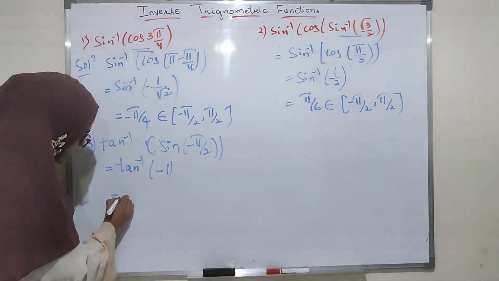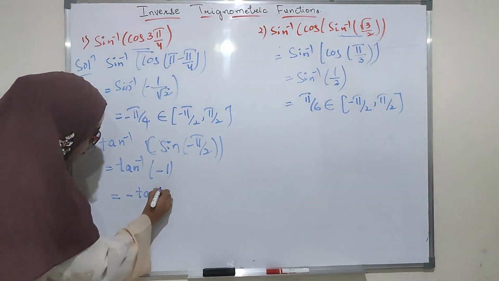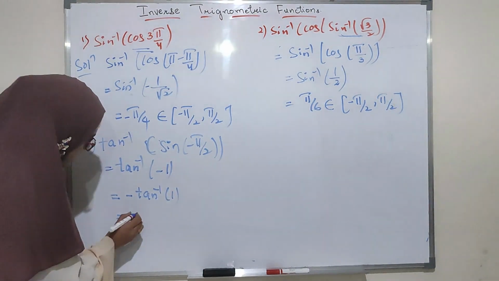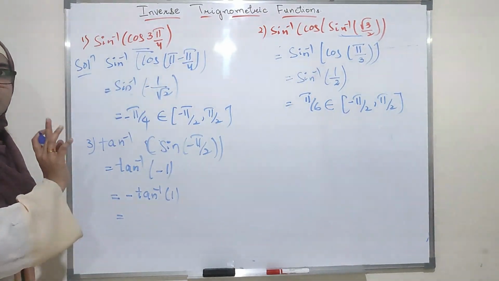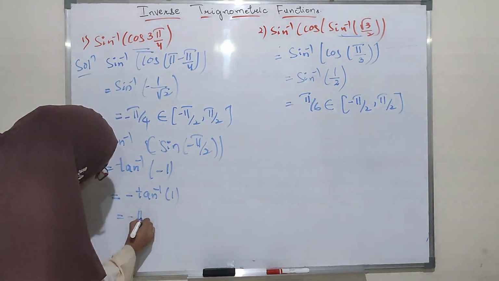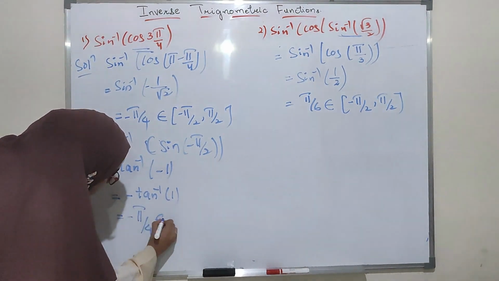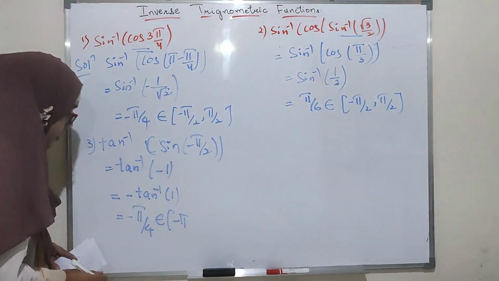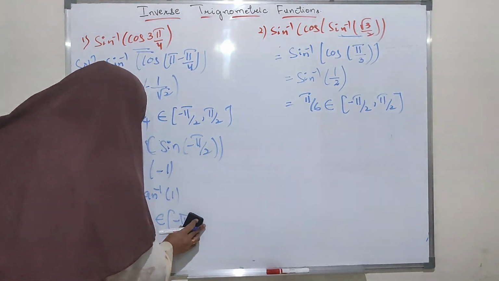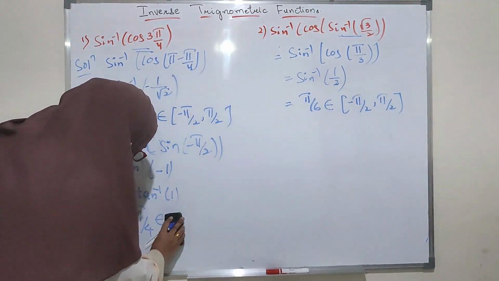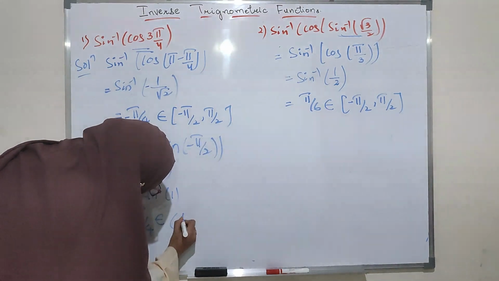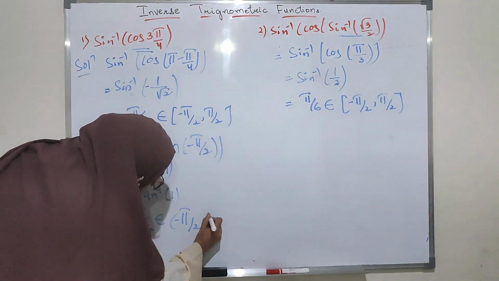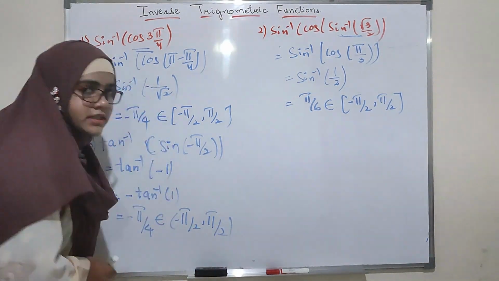Tan of minus theta is minus tan theta. So minus tan inverse of 1. Our tan inverse 1 value, we know that it is pi by 4, so minus pi by 4. Again it lies in the interval. For tan, we know that it is the open interval of plus and minus 90.